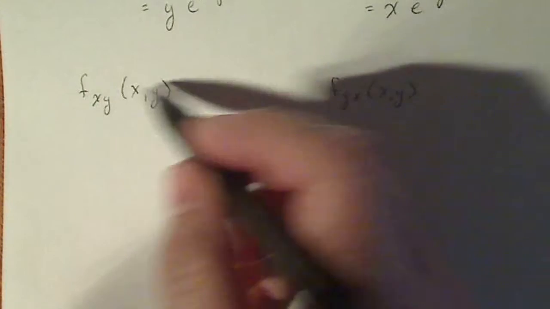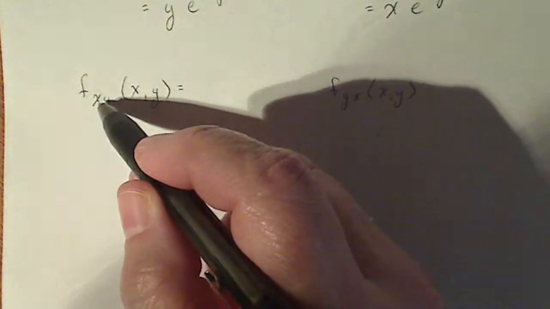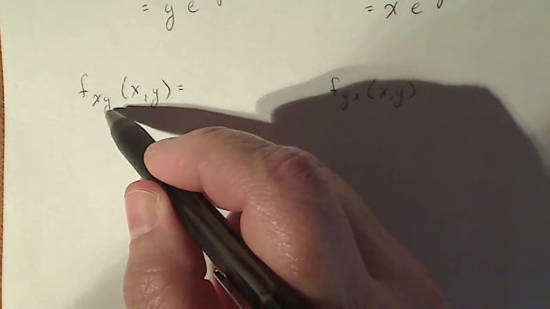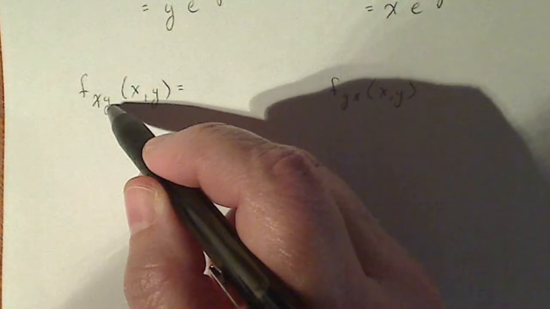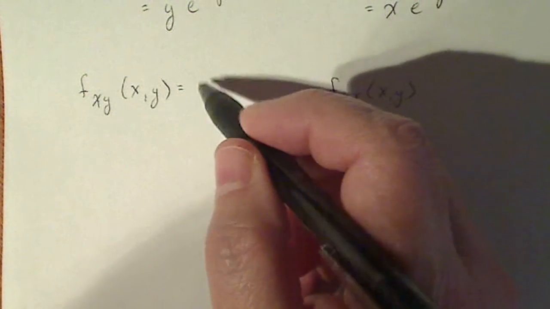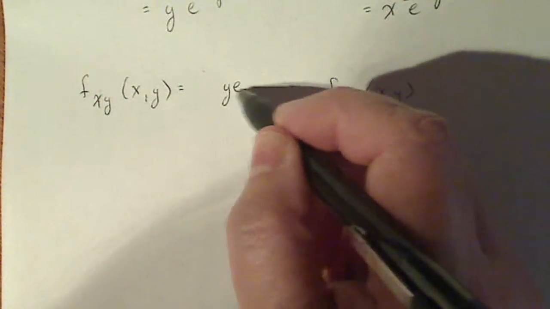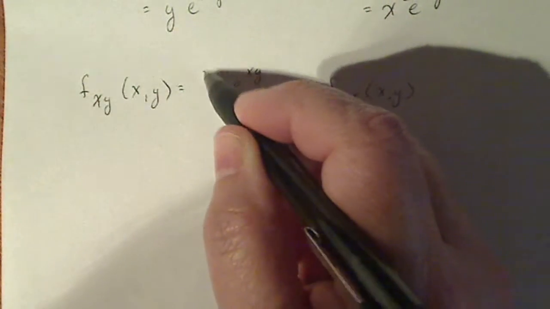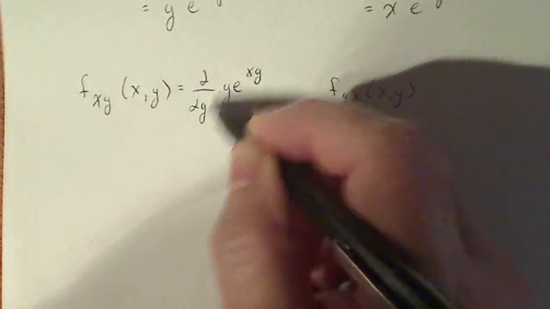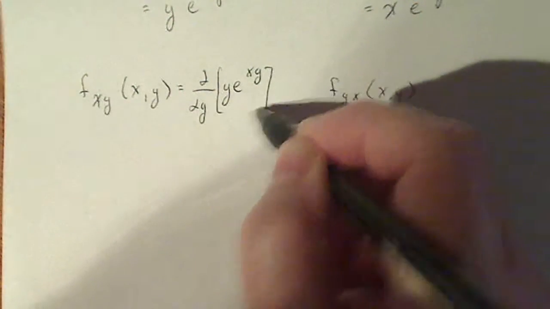So f sub xy, I have to take the derivative with respect to y of f sub x. So f sub x was defined as y e to the xy, and I'm going to take the derivative of that guy with respect to y this time instead of x.